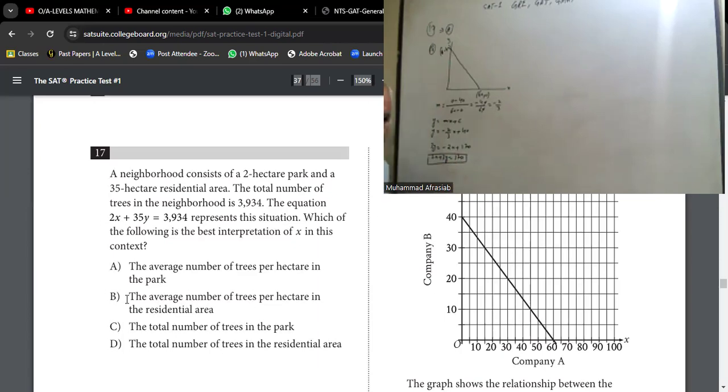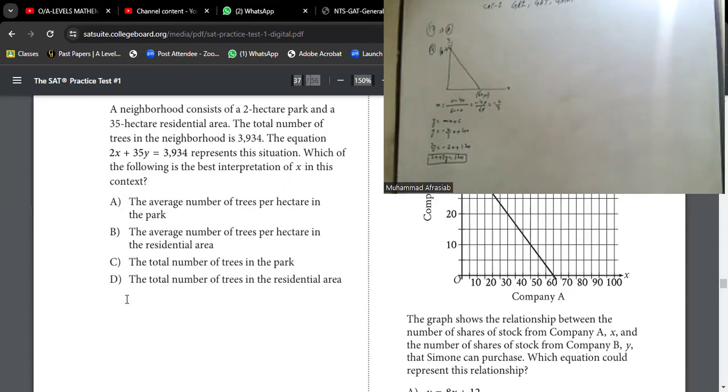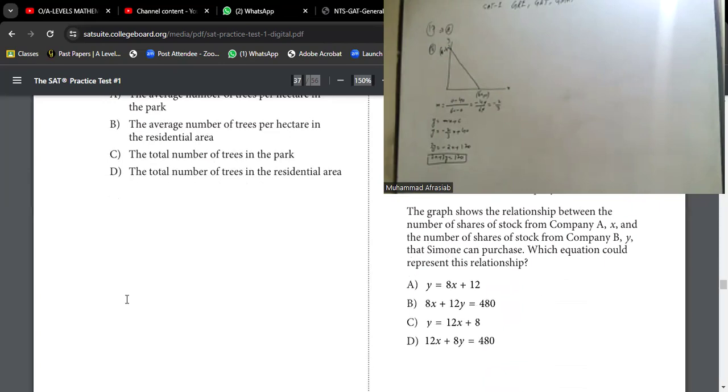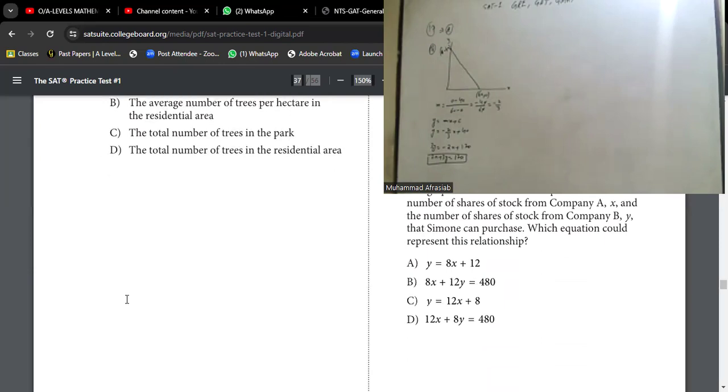Now the options. A is y is equal to 8x plus 12. B is 8x plus 12y is equal to 480. C is y, and D is 12x plus 8y is equal to 480.